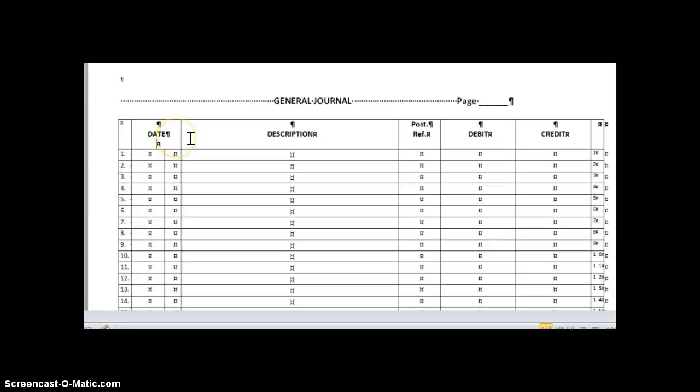We're going to start our date in our new journal page. Your instructions say to start with page 3. Your first transaction is going to be on January 2nd.